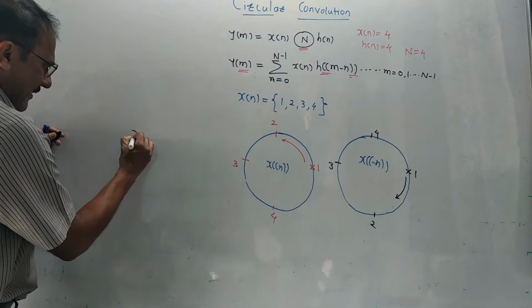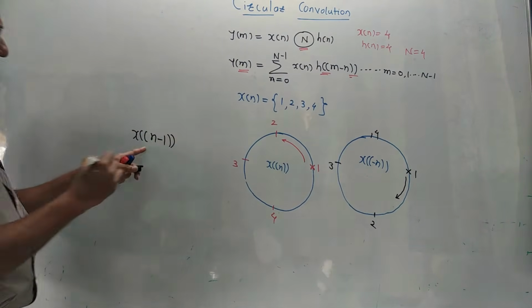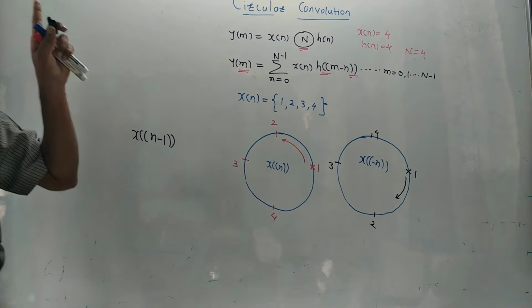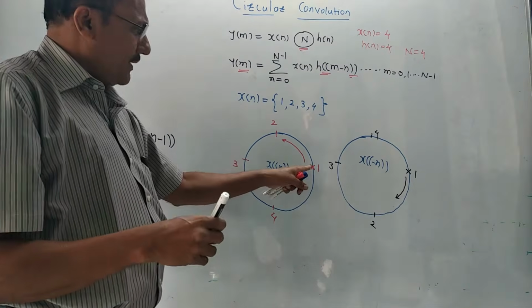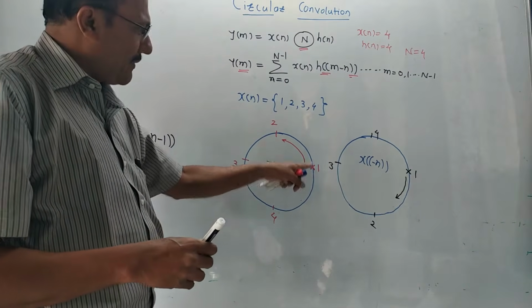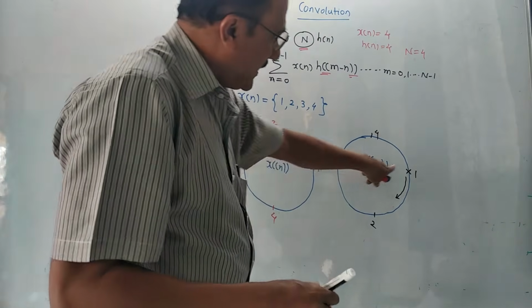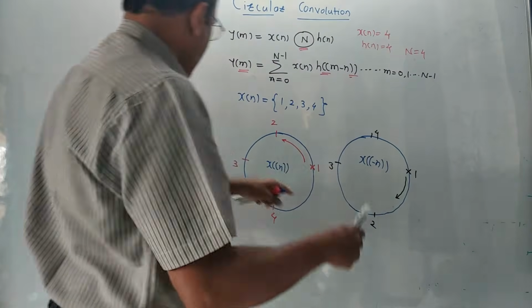Now, one more variation which is required for solving the numericals. If I write x of double bracket n minus 1, it indicates delay of this sequence by 1 position. Remember simple rules. For plotting x of n, take this as a starting point, mark samples in anti-clockwise direction. If the sequence is folded, take this as a starting point, mark samples in clockwise direction.